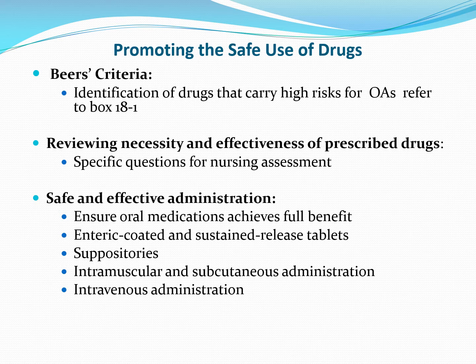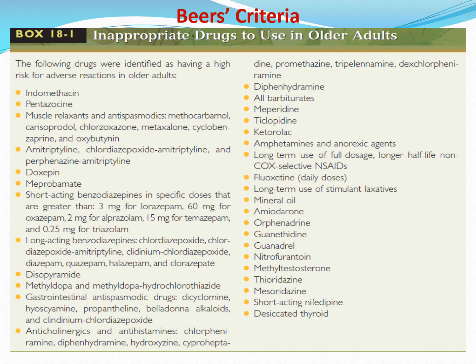In addition, for intramuscular and subcutaneous administration of medication, such as enoxaparin, for example, we have to be cautious and promote the safe use of these injections. So they, or their caregiver, have to be taught the mechanism of action of enoxaparin and when to stop it if they bleed, and when to refer to their healthcare provider. So this is the Beers criteria, and you can go through it.